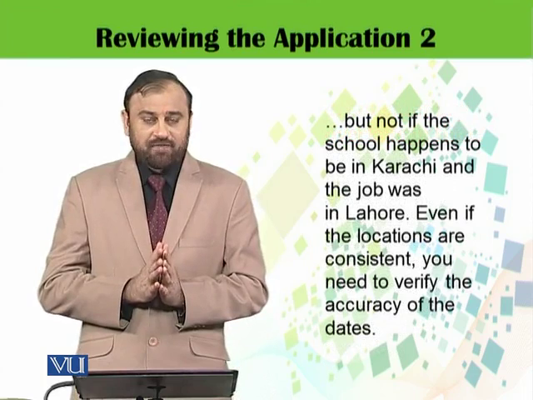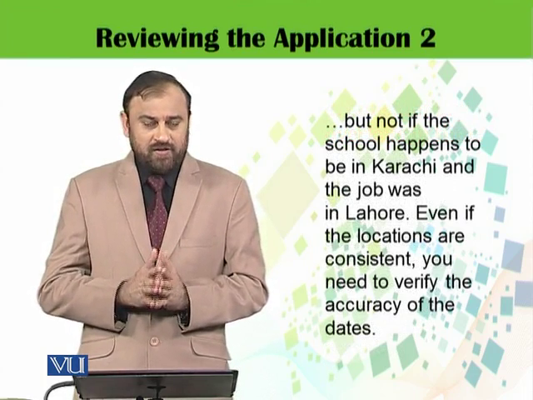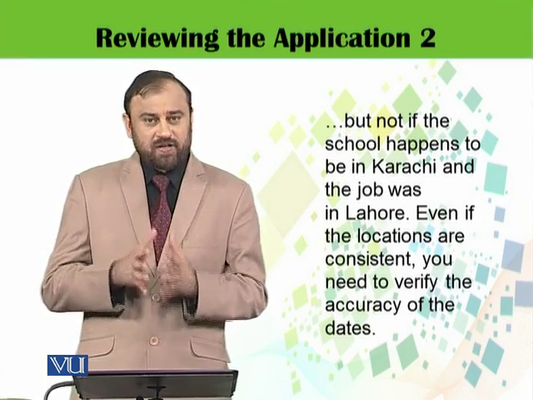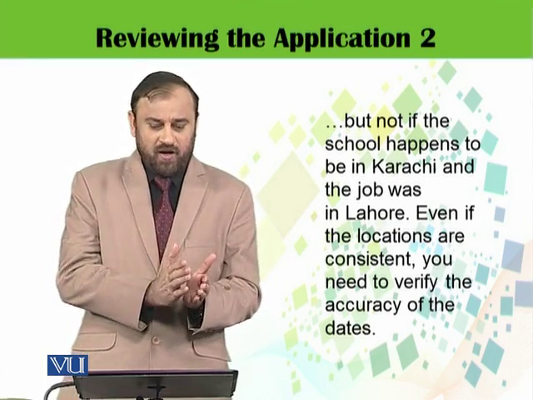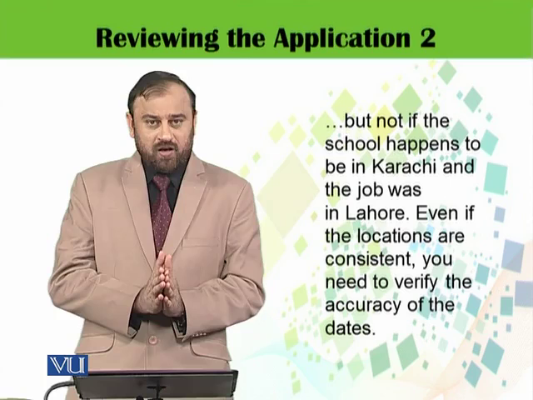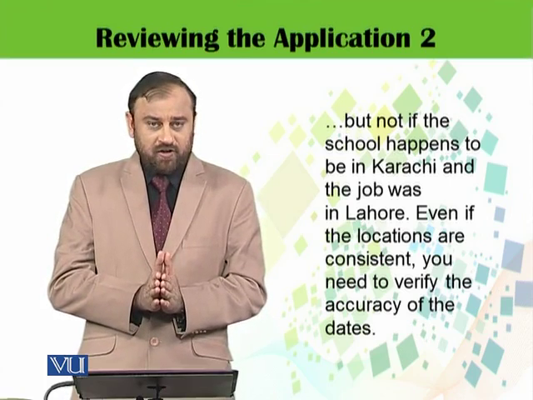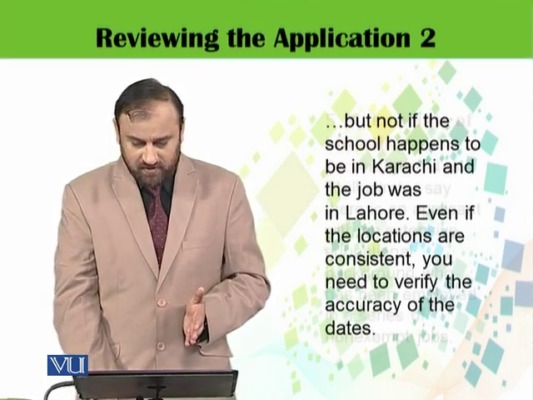But not if the school happens to be in Karachi and the job was in Lahore, unless it is a distance learning program. If the school is in Karachi and the person is doing a job in Lahore, it means he is not justifying the job, or he is not justifying the qualification he got during this period. Even if the locations are consistent, you need to verify the accuracy of the dates as well.